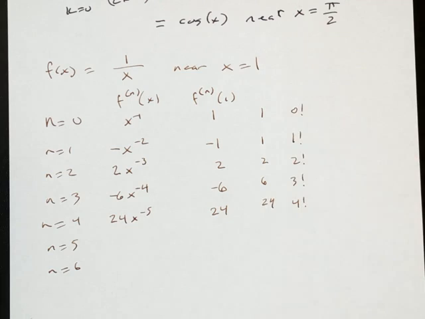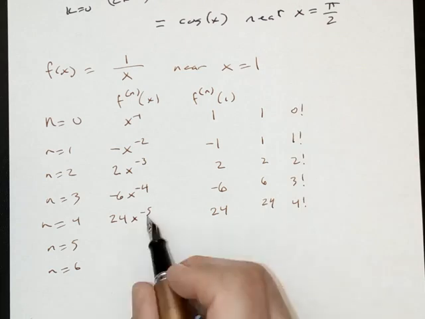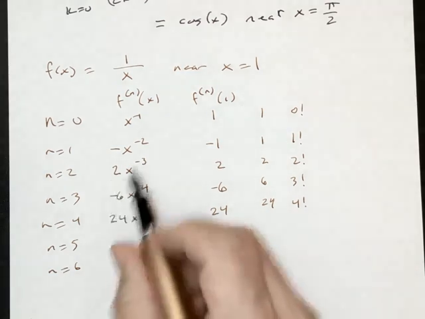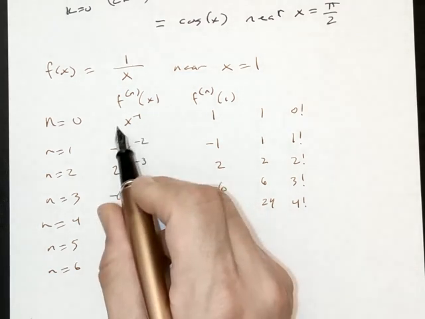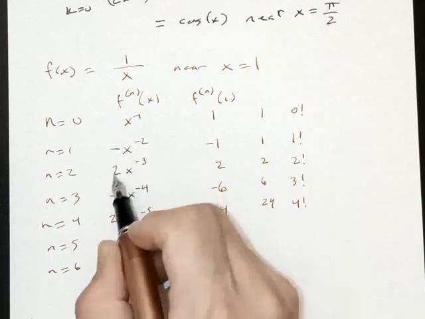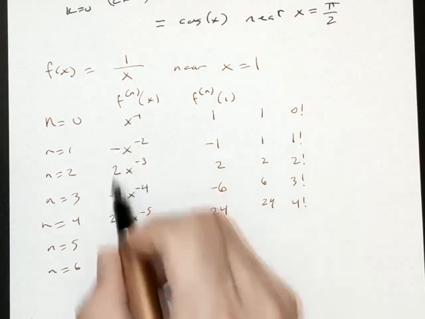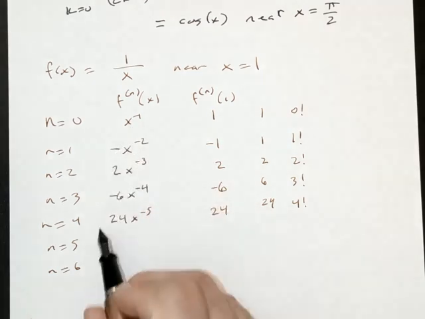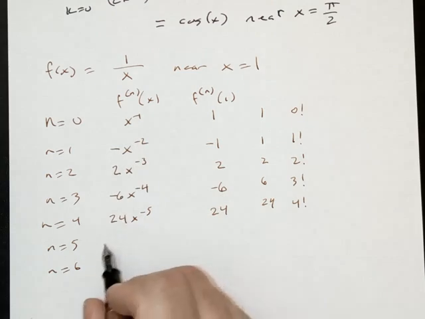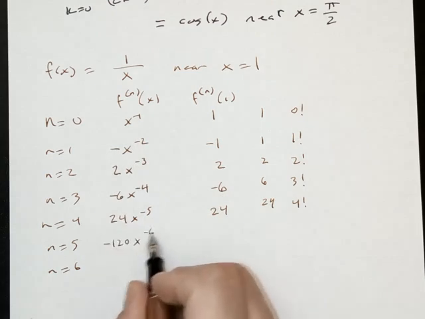I bet the next one's 120. 5 times. And think about the way we got this. We took the 1 down here. We took the 2 down here. So this is really 1 times 2. This is 1 times 2 times 3. 1 times 2 times 3 times 4. Negative 120.